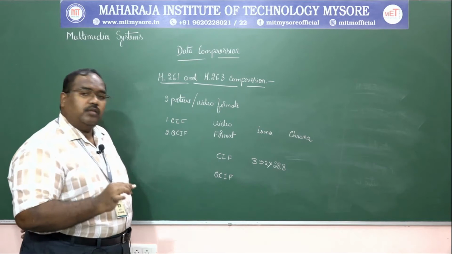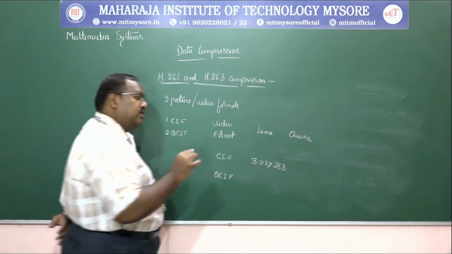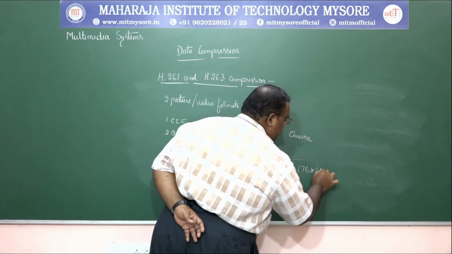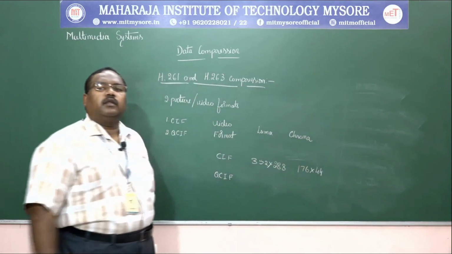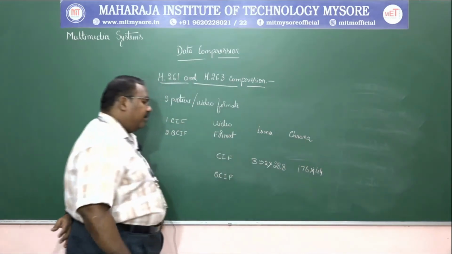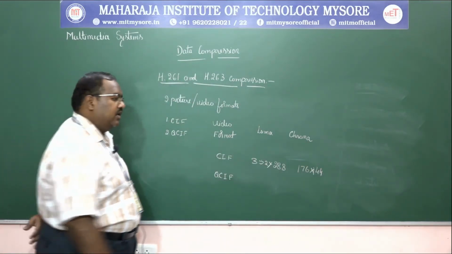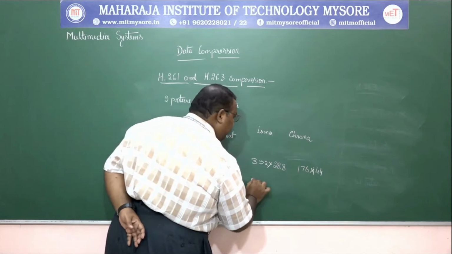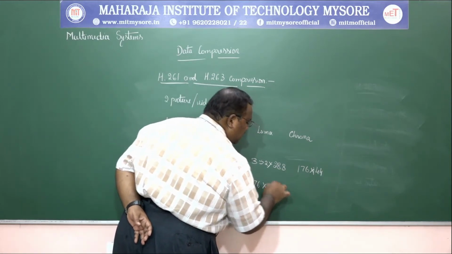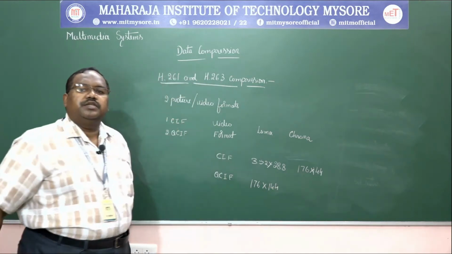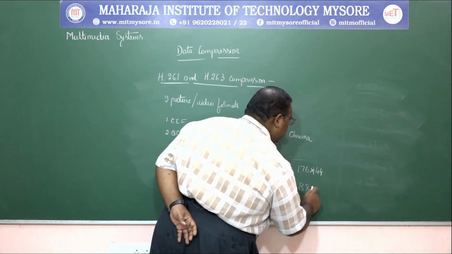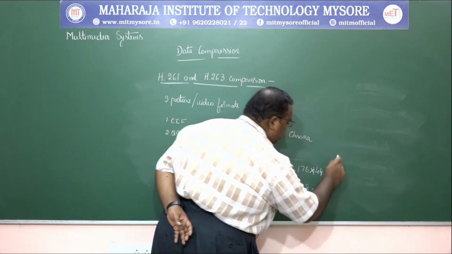And what about the chroma here? It is 176 into 144. When we talk about QCIF, the luma is 176 into 144, whereas the chroma value is 88 into 72.